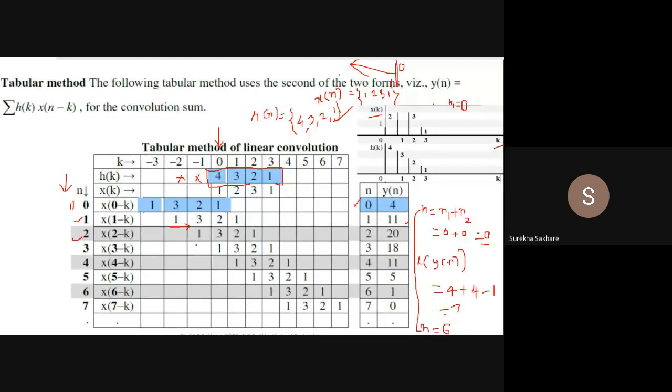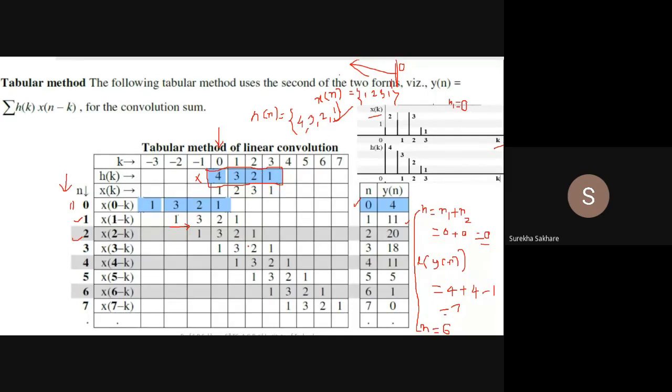Now you check the overlapping. We'll have to rub it again because the situations have changed. So I have only 1 here, there is no overlap. 0 into 1 is 0, 4 into 3 is 12. 3 into 2 will be 6, 12 plus 6 is 18.